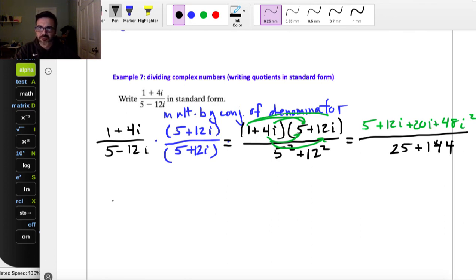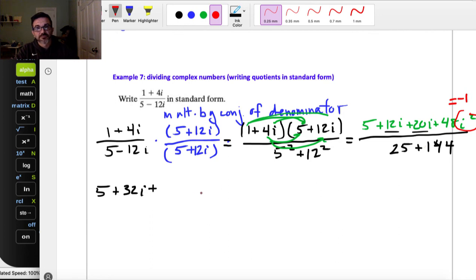And so then we can clean this up a little. We can combine some like terms. So we'll clean this up and end up with 5 plus 32i plus, now remember, i squared is equal to negative 1. Anytime we have an i squared, this is equal to negative 1.